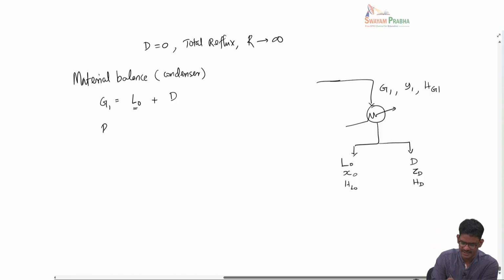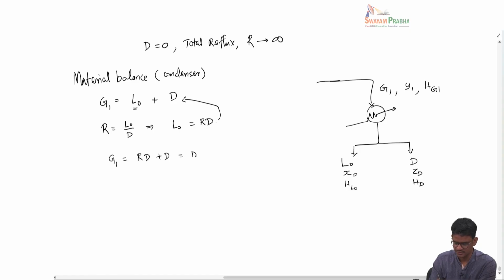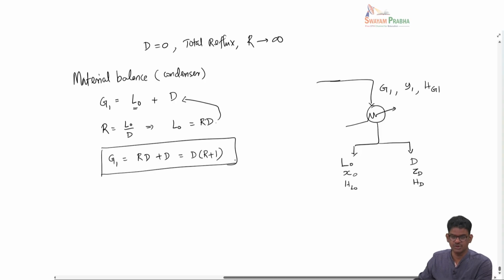I already said I am defining R as L naught by D. So from here L naught is RD, and substituting this in the material balance, you can show that G1 is nothing but D times R plus 1.